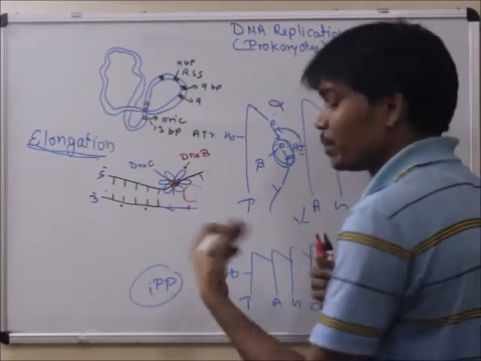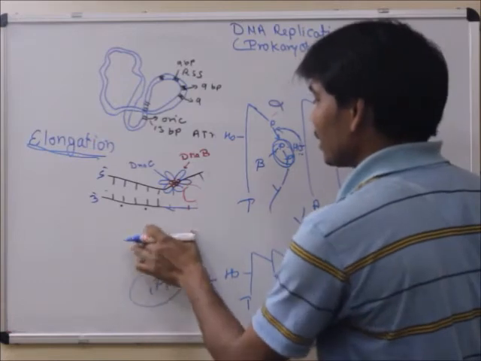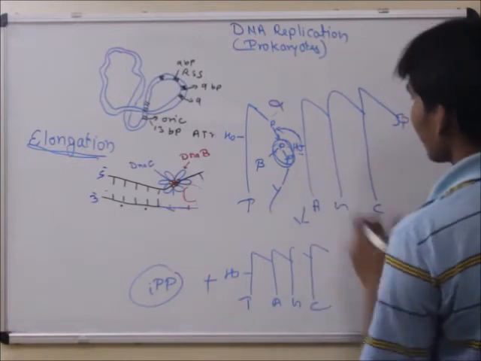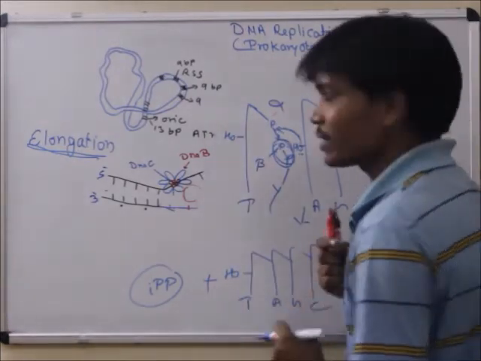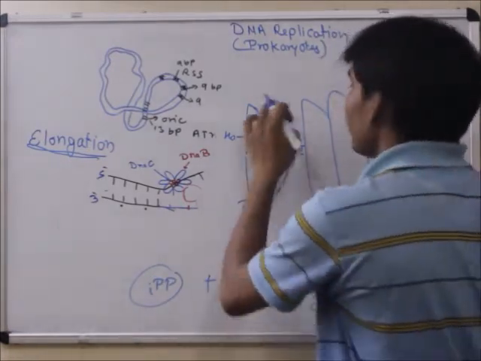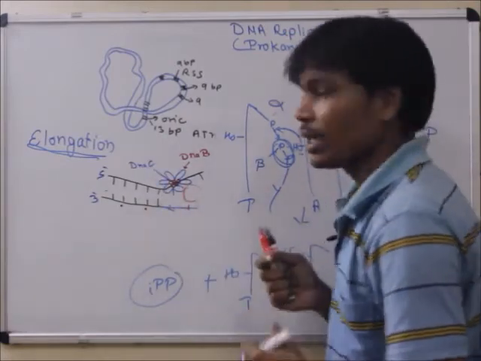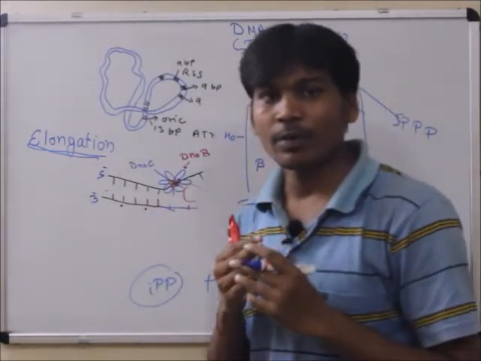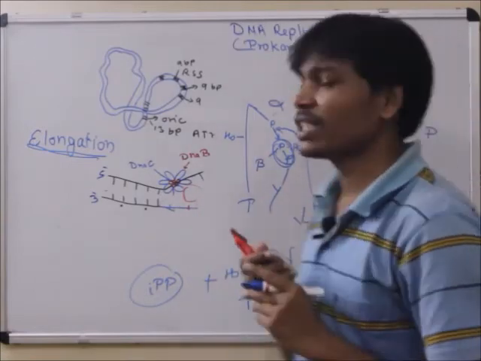When these phosphates break, energy is released, and this energy makes DNA replication favorable in the forward direction. So there were 3 phosphate groups in the nucleotide. Two phosphates are released and 1 phosphate is attached to the other nucleotide, making the phosphodiester bond. The adding of nucleotides occurs by DNA polymerase, which makes it easy to synthesize both strands of DNA in prokaryotes simultaneously. So this was the elongation of DNA replication in prokaryotes.